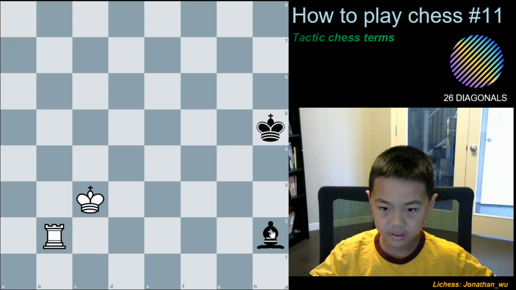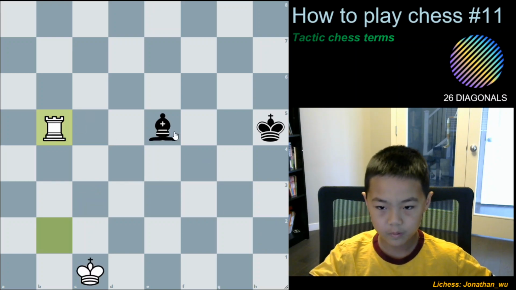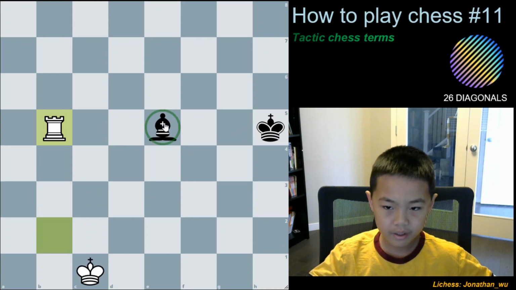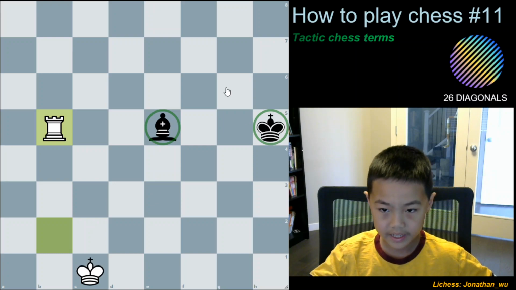So this is called a skewer. A skewer is kind of like a pin, but to explain this more clearly, the weaker piece is in front of the piece that is being attacked, and the more important or stronger piece is behind, and the stronger piece can't defend.